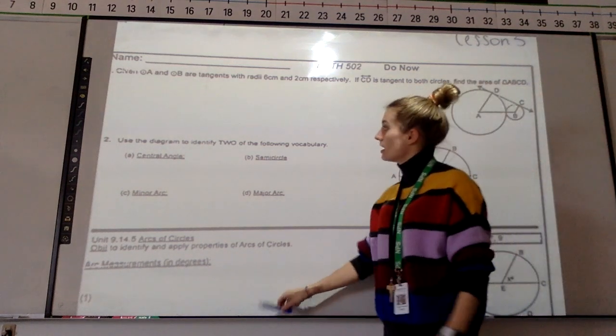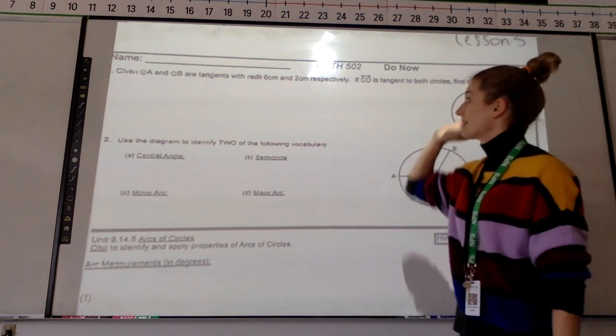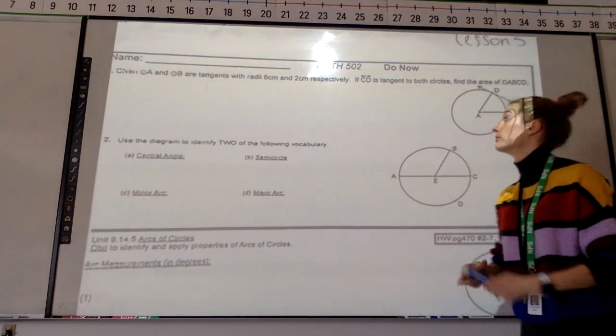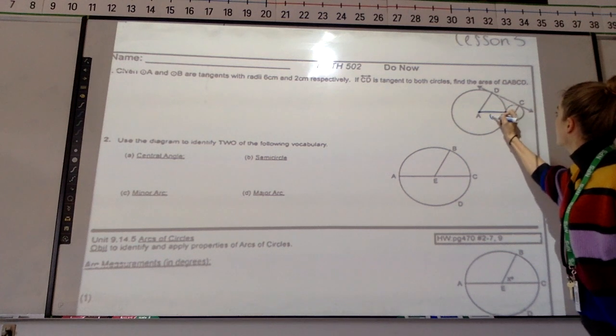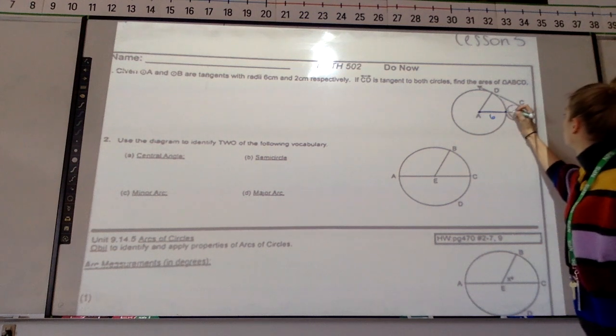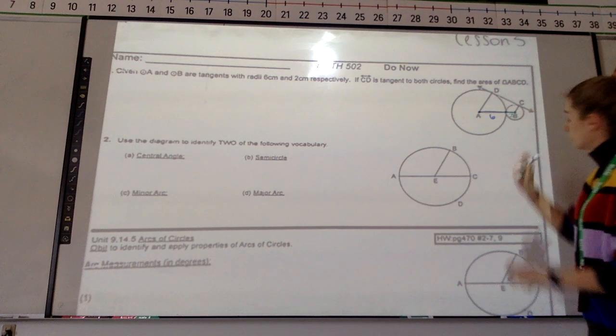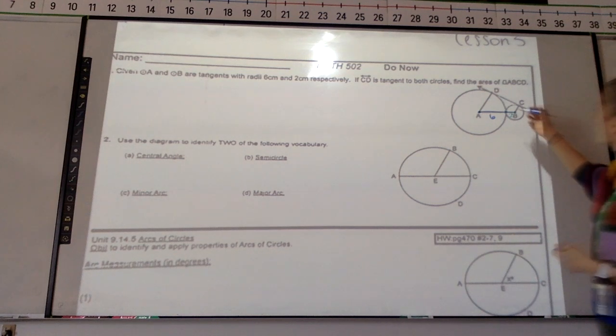So we are given that circle A and circle B are tangents with radii of 6 centimeters and 2 centimeters respectively. Okay, so that means I know that the radius for circle A is 6 and the radius for circle B is 2. Well, we also know that those radii are showing up in some other places.